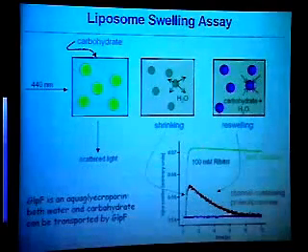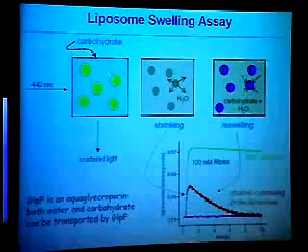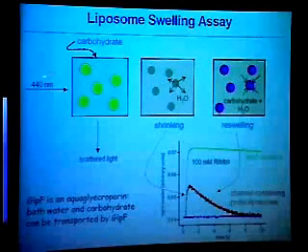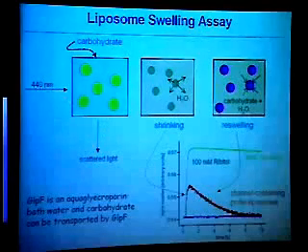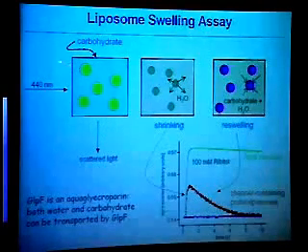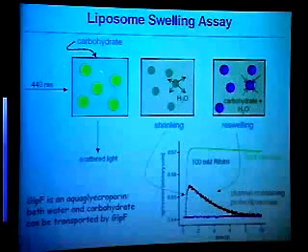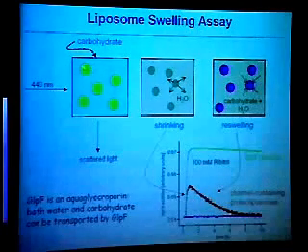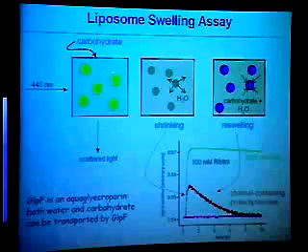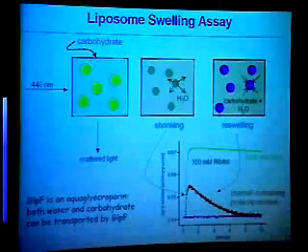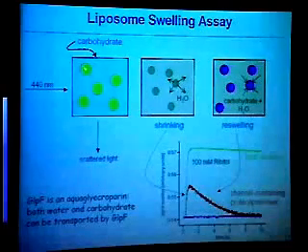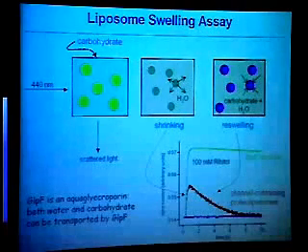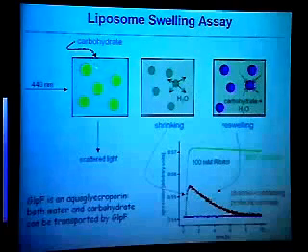Like in these experiments, they have vesicles, and they look at the scattering of light, which is dependent on the size of these vesicles. So we have some materials inside the vesicle, and we have water outside, okay? If we are dealing with pure lipid bilayers, no channels, and we add some carbohydrates, water can pass pure lipid bilayers, carbohydrate cannot, right?